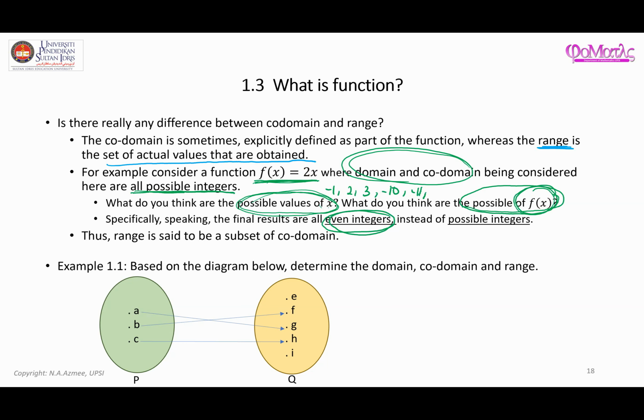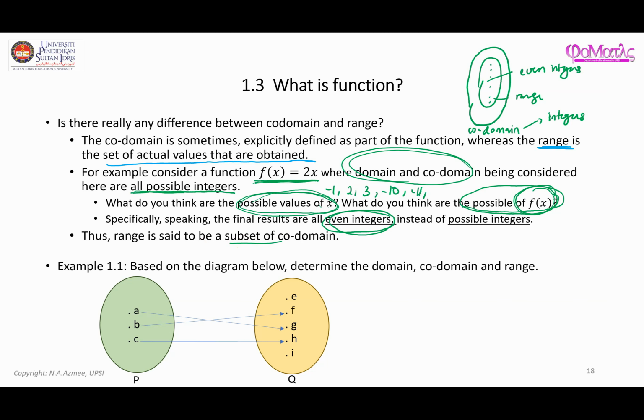So it is more specific than possible integers. The codomain here is talking about integers, but the range here is more narrowed, and you are just focusing on even integers. So that's the idea of codomain and range. The range here is a subset of a codomain.